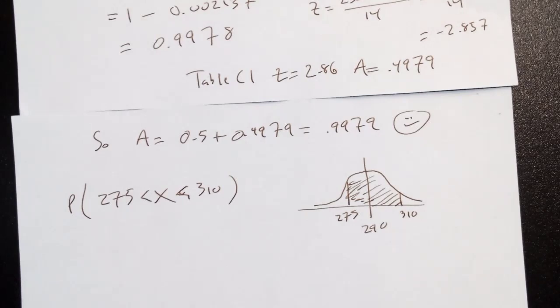Again, lots of different options. But regardless of how we choose to do it, we're going to need to calculate two areas. We can calculate with table C1, we can calculate with table C2, we can calculate in Excel. But regardless of how we do this, we need to do two areas. Why?